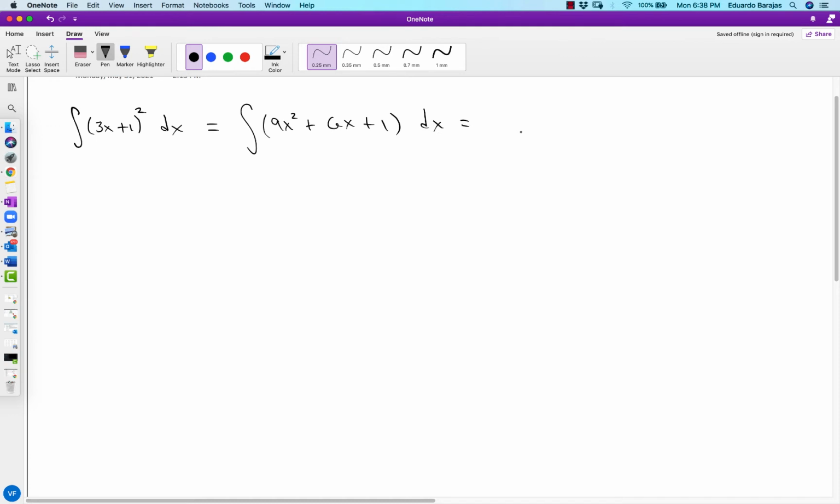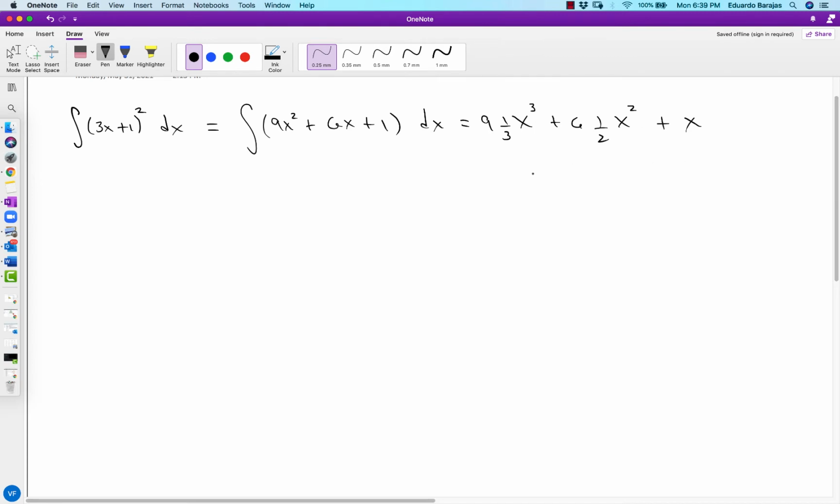That's just equal to x to the third power times 1/3 times 9. That's going to give me a 3. Plus 6 times x to the second power times 1/2 gets me to a 3 there. And I'll need a plus x. Derivative of this gives me a 1.